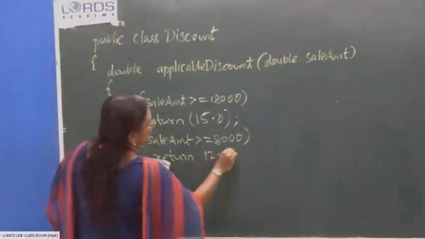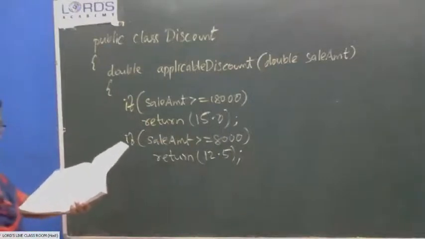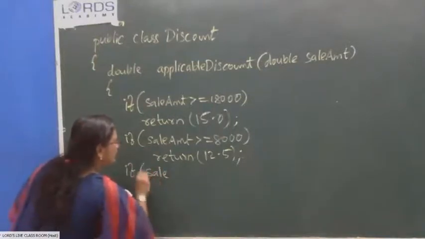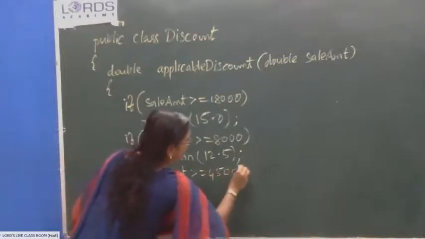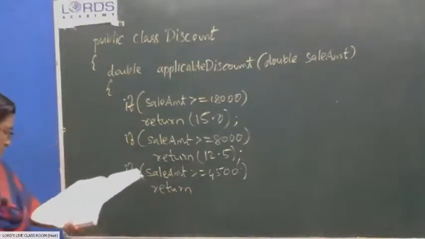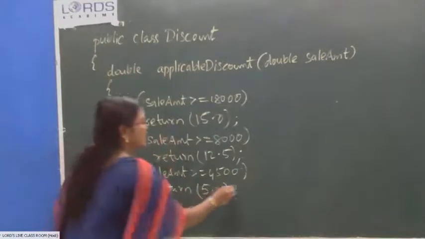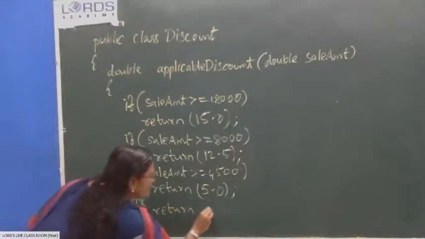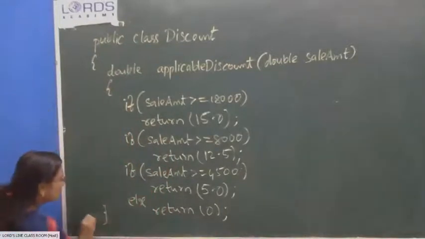If salesAmount greater than or equal to 4,500, return 5.0. That means 5% discount. Else return 0. No discount. The method is closed. The class is closed.